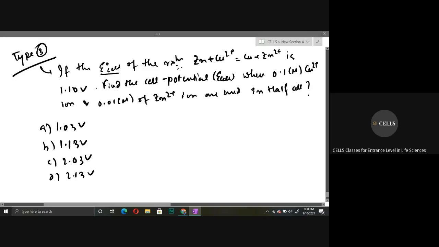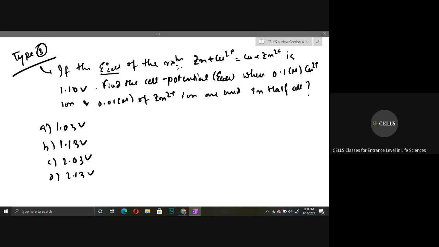So use that: E cell equal to E0 cell plus 0.059 by n log cathodic by anodic. In the cathode, reduction takes place; in the anode, oxidation. So do it like that, you will get the answer.